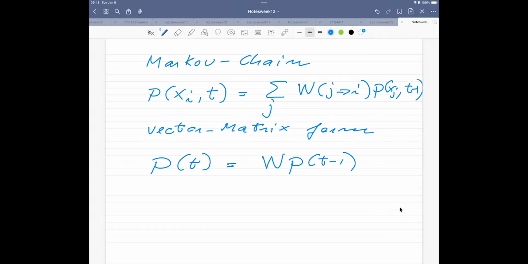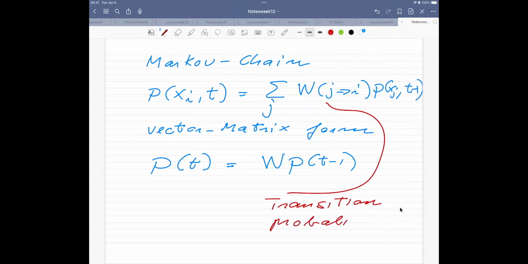This is a compact expression for the Markov chain if you're looking at a discretized process where the matrix is finite. And this quantity which we have here is the transition probability. Normally, we don't know what that looks like, or even if we know what it looks like, it can be a very complicated mathematical expression.